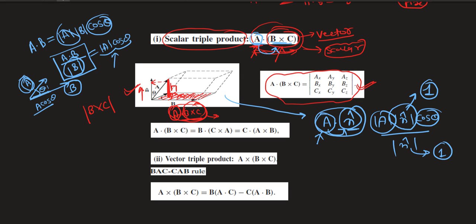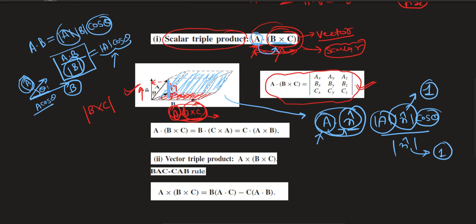Yes, and this would represent the volume of this parallelepiped. Okay, we call this a parallelepiped. So the area of the base times the altitude of this parallelepiped would be simply the volume of this parallelepiped.